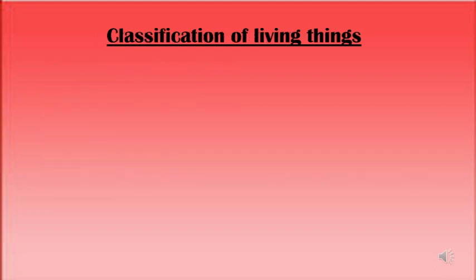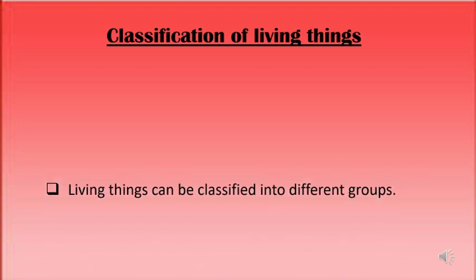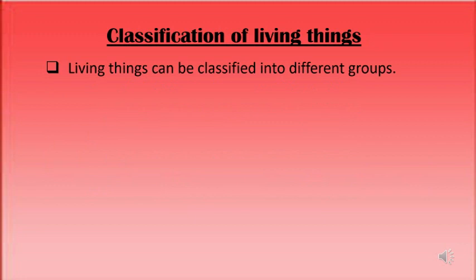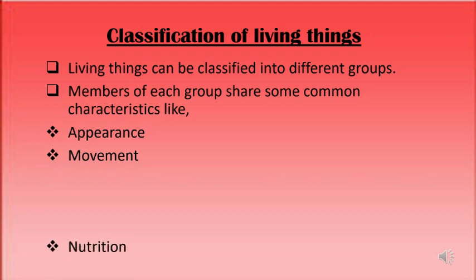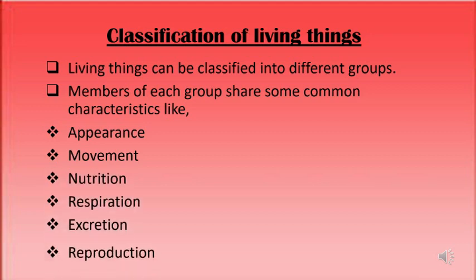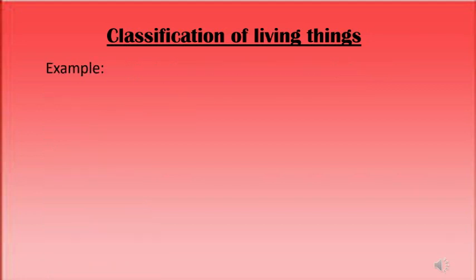Students, now I am going to explain to you about classification of living things. Living things can be classified into different groups, and members of each group share common characteristics like appearance, movement, nutrition, respiration, excretion, reproduction. According to these, here are some examples of classification of living things.